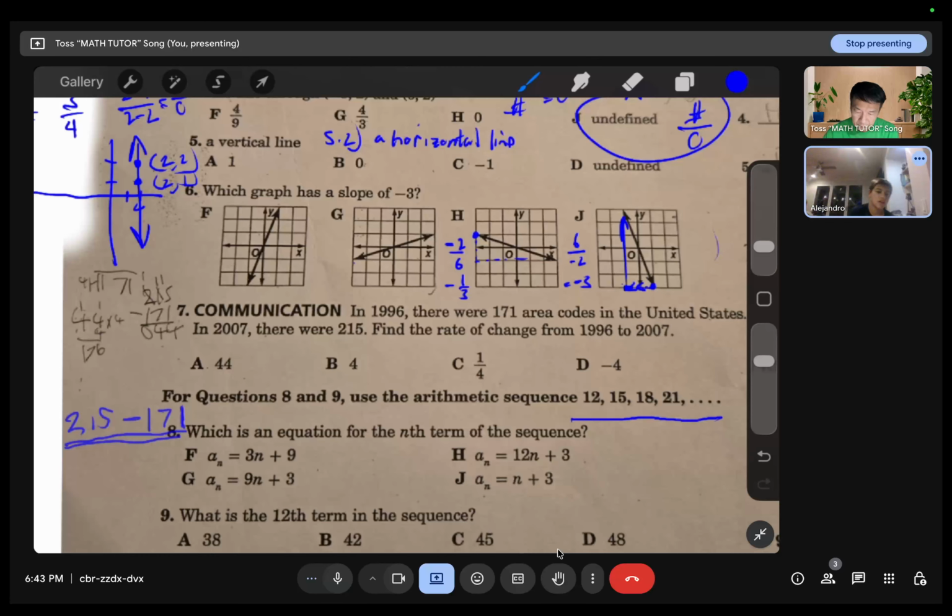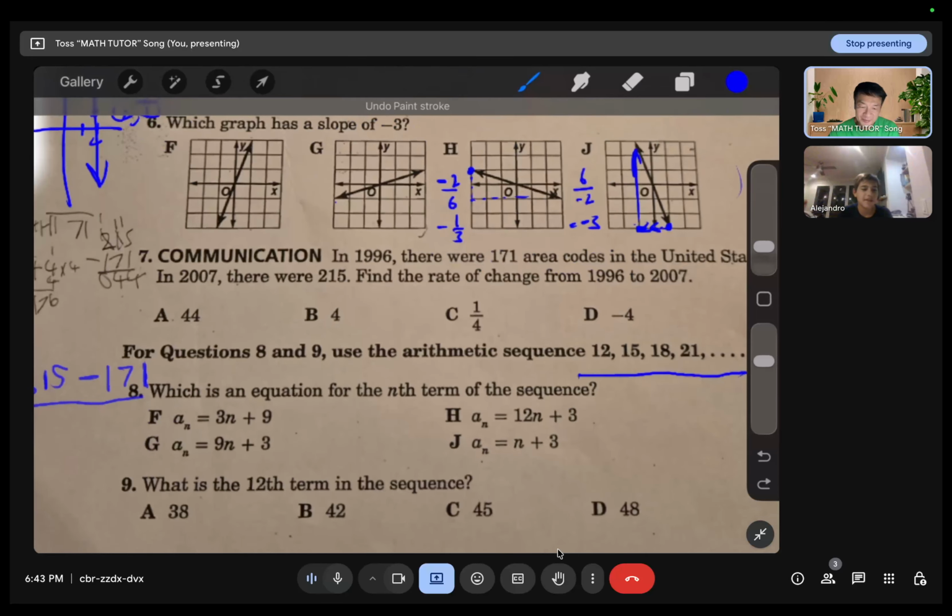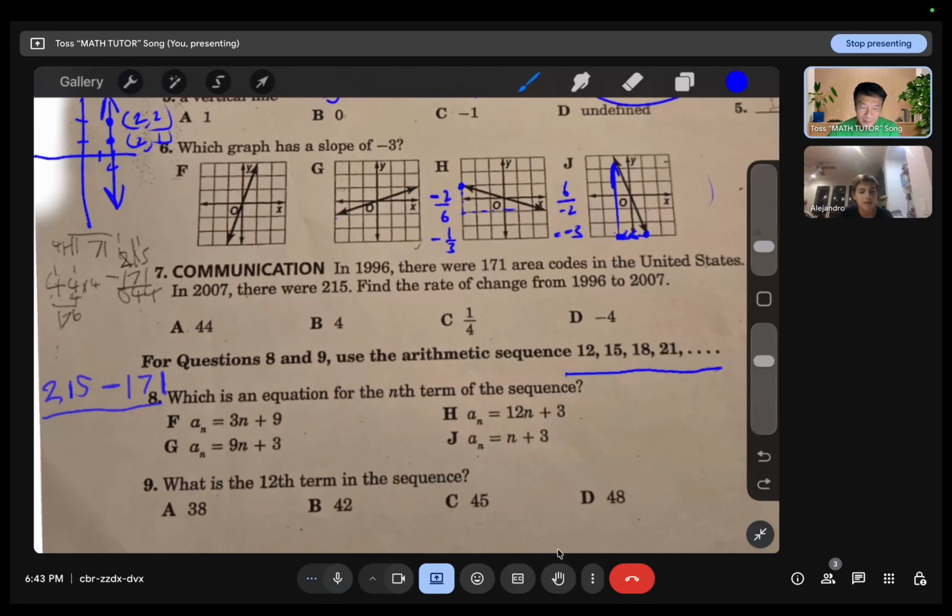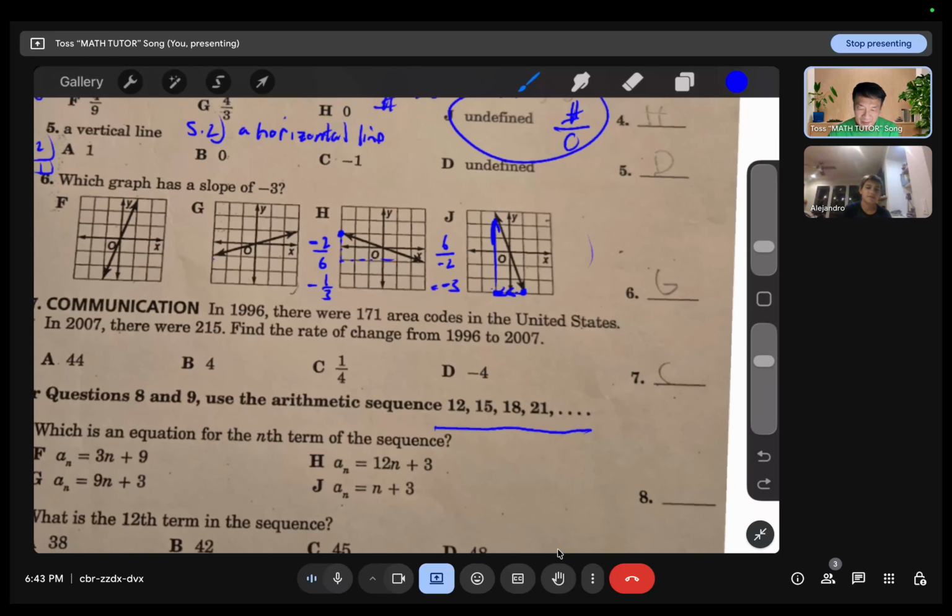And then I divided 171 by 44. You subtract and you get 44. I think you're actually looking at your own work here. Want to start from scratch? Okay, maybe you shouldn't look at that work.